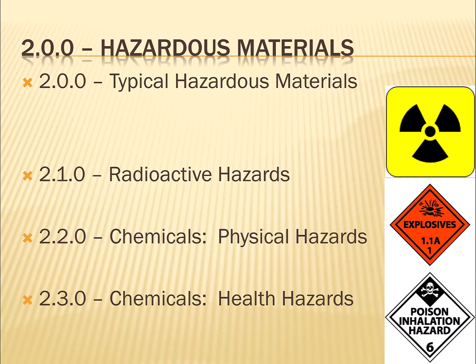So when we talk about hazardous materials, there are radioactive hazards, and there are the physical hazards of chemicals, like a flammable substance. That's a physical harm, when something can catch fire and then burn you, or explode and throw shrapnel. So that's about the safety aspect, whereas the health side is dealing with the poisonous nature of chemicals and substances.